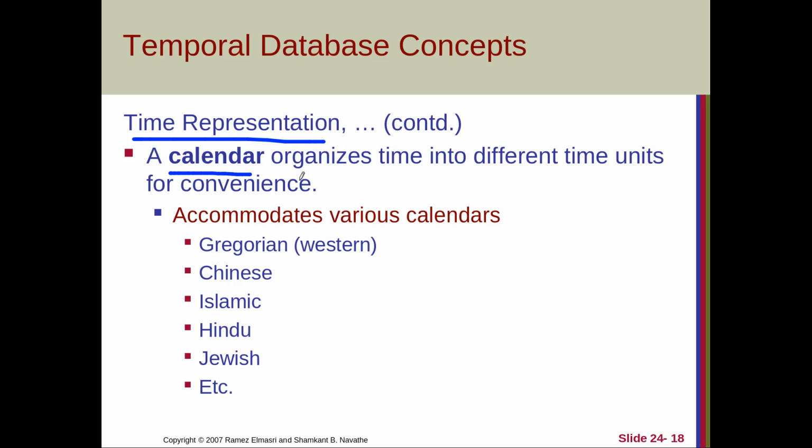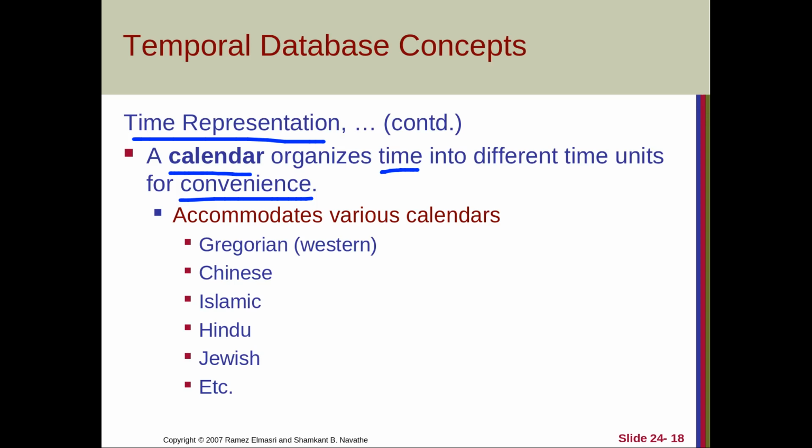A calendar organizes time into different time units for convenience. Calendar normally consists of time. It represents the different days and the specialities of those days. Then it has some order, and some granularity is maintained on that particular calendar.